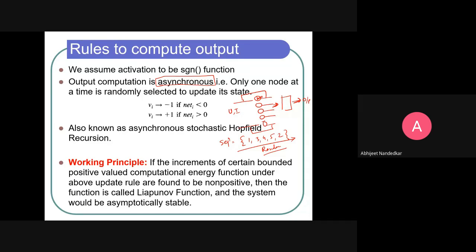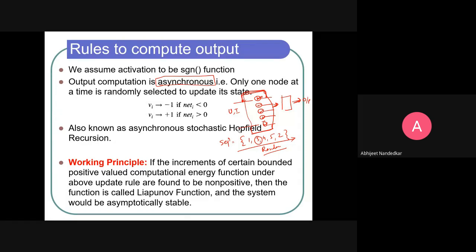Then this updated value is taken back, and then we allow the third neuron to change its state. Then we allow fourth, then fifth, and then second. And this updation will repeat.